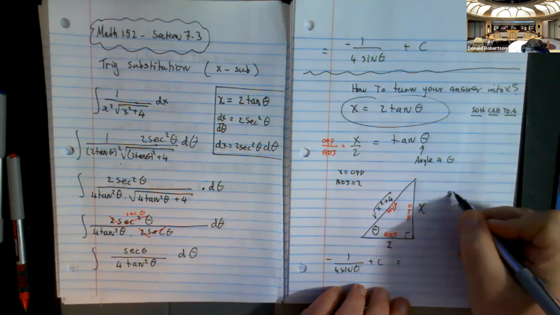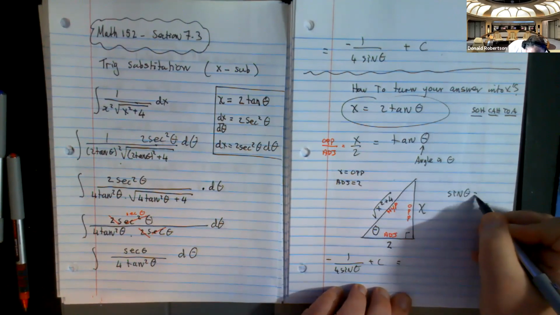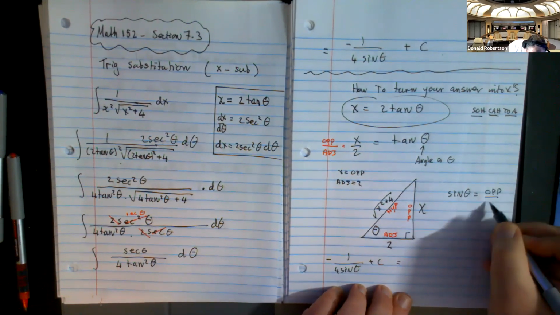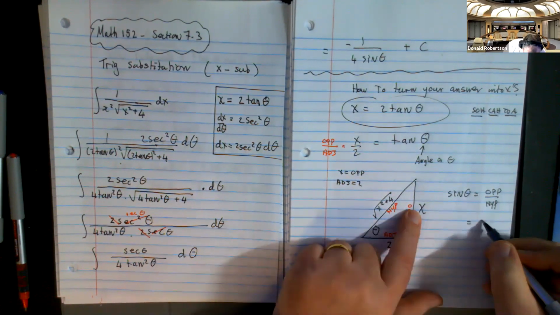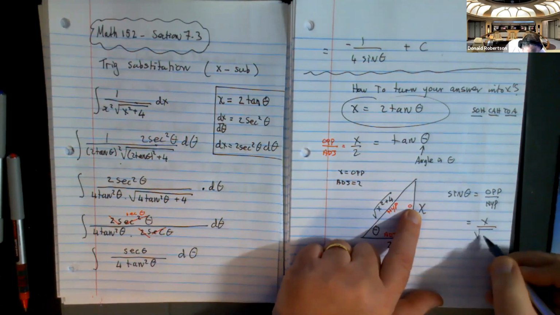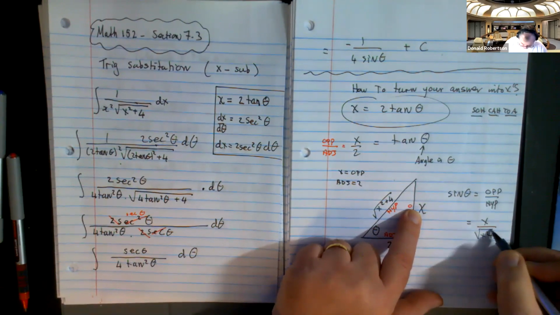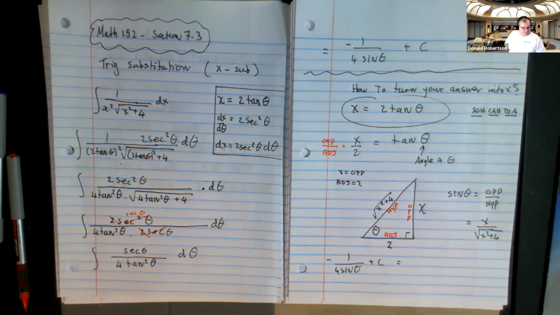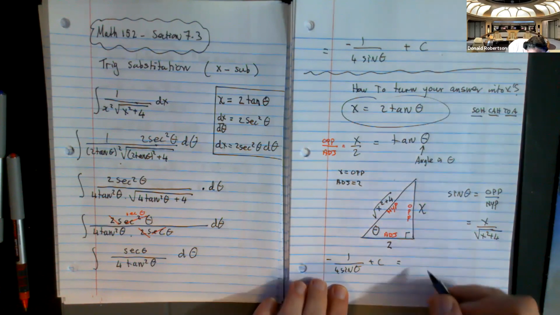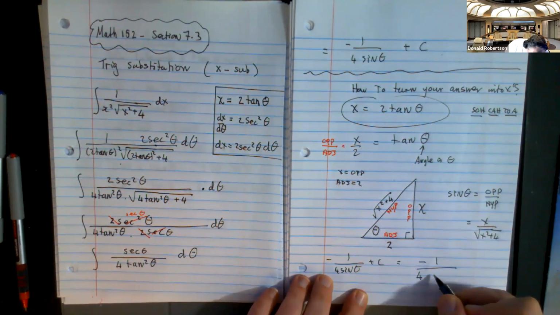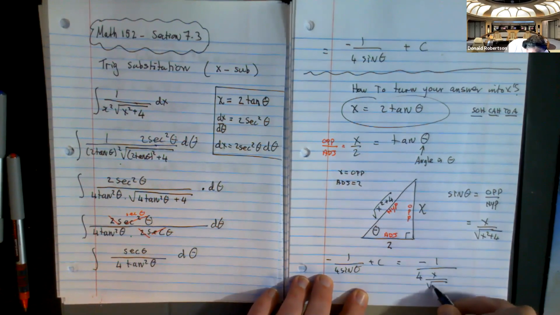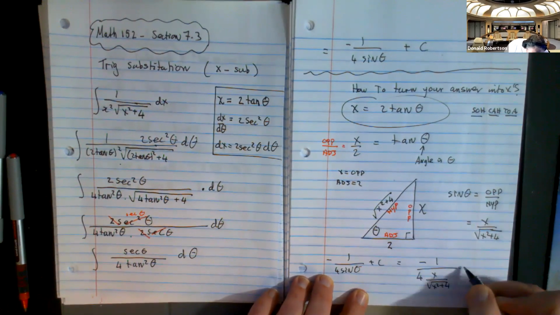According to SOHCAHTOA, yet again, isn't the sine the opposite over the hypotenuse? So the sine of theta will be x over the square root of x squared plus 4. So this will be negative 1 over 4 times that guy plus c.